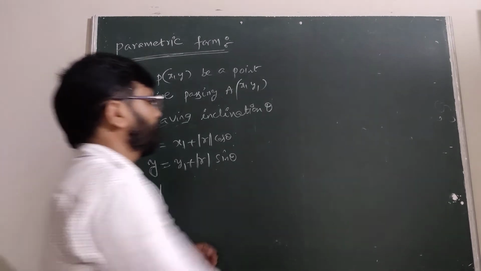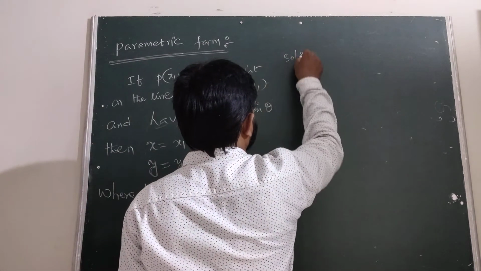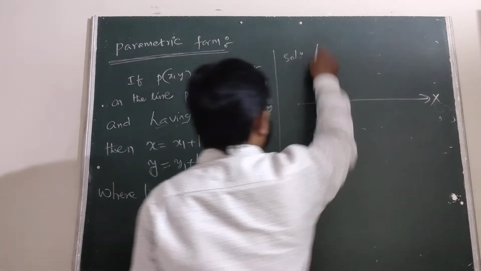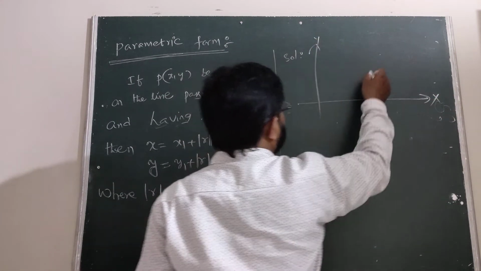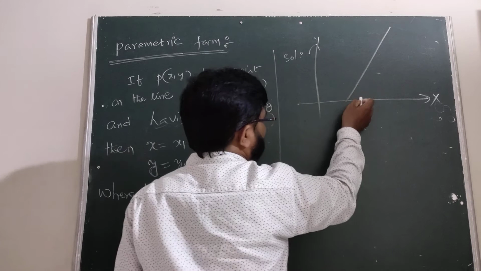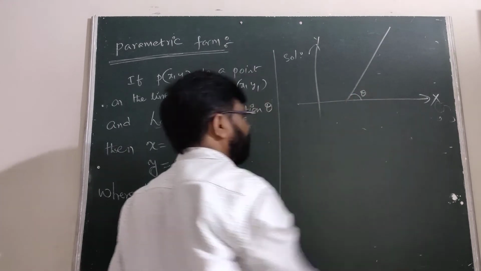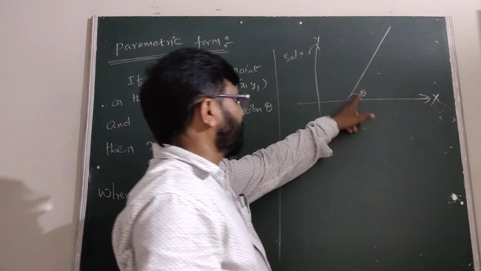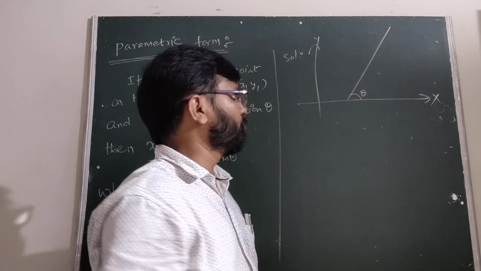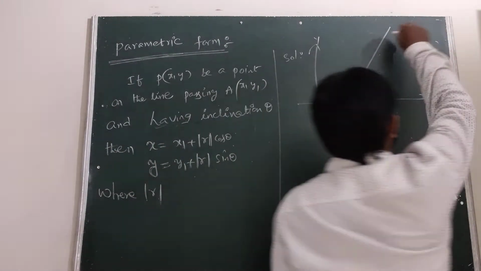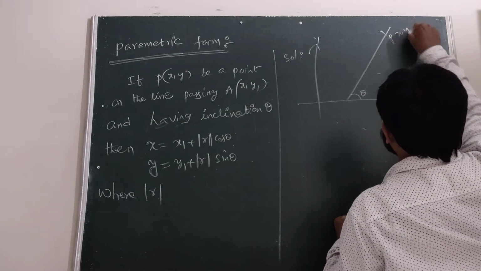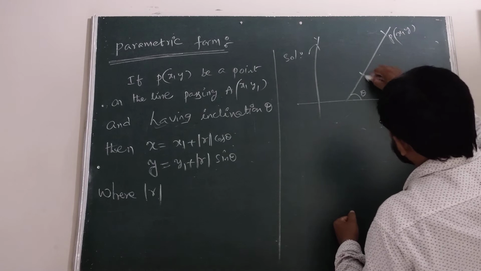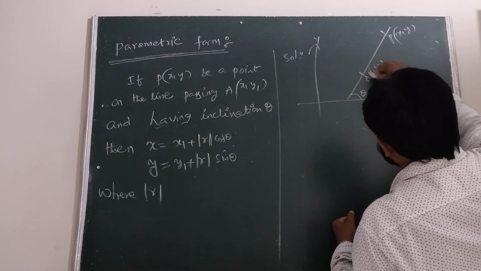Here is the x-axis and the y-axis. Having inclination theta means the line makes an angle theta with the positive direction of the x-axis. This is the point P(x, y), and the line passes through (x1, y1).